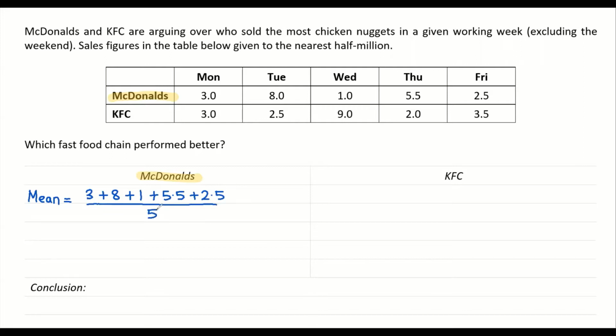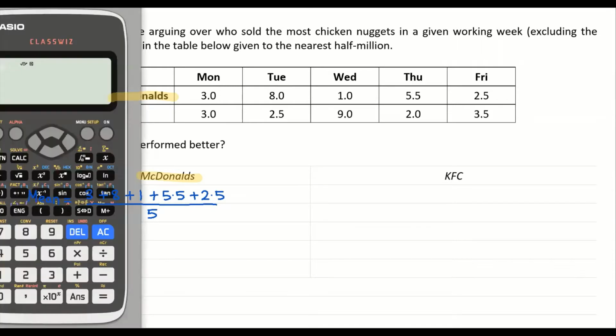Now, you may want to do this on a calculator. There is a video that I've attached to Teams which explains how to download the calculator emulator, although you don't need a fancy calculator for this bit. So here we go. I'm just going to use my ClassWiz here. I'm just going to drag it over to this side.